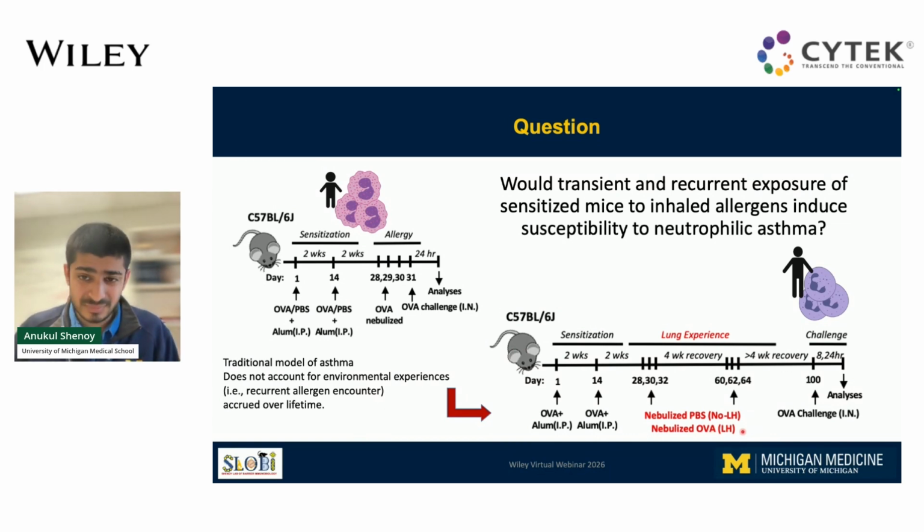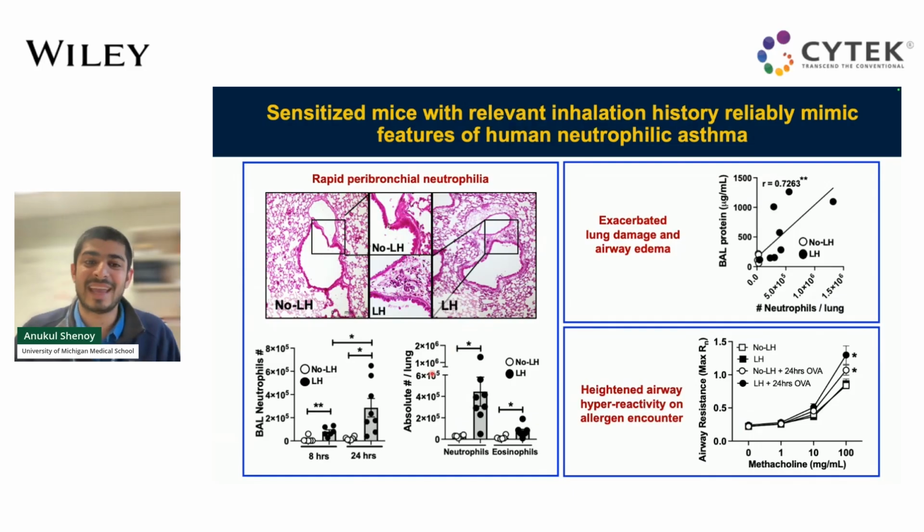And to our surprise, within 8 hours of challenge with the O-albumin, we find that the LH mice seem to have a large amount of neutrophils coming into the lungs. We could find that the neutrophils were causing a lot of damage because of the amount of protein that was present in the lung that was leaking out of the vasculature. And more importantly, these mice, whether they be LH or no LH mice, still had the airway hyperreactivity visible in the lungs, suggesting that this model is actually mimicking many features of human neutrophilic asthma.